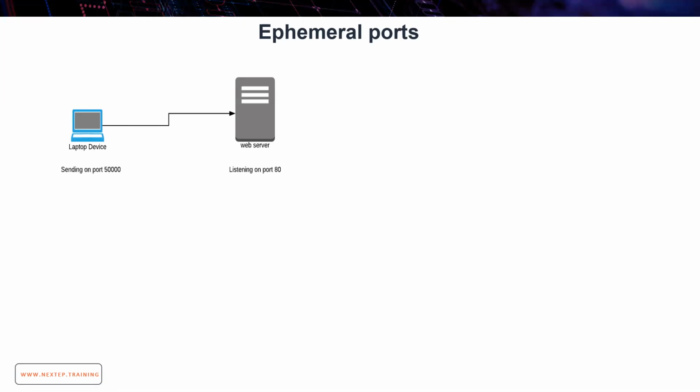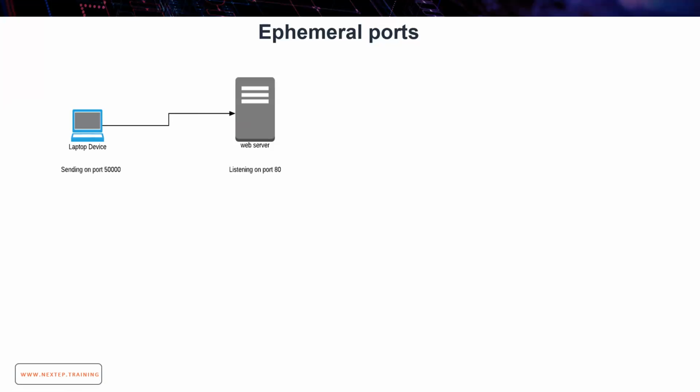And then on that particular port, it will make a request and it expects the response back in the same port. Let's say in this example, it is sending this request on port 50,000. It opened a port 50,000 port, okay, and then sends a request to this guy.